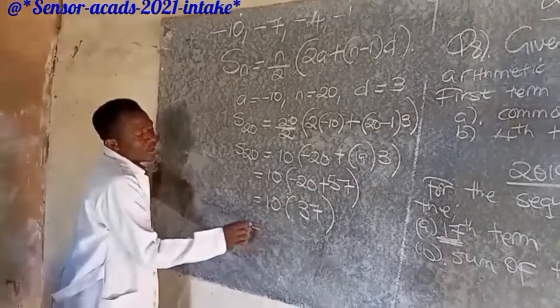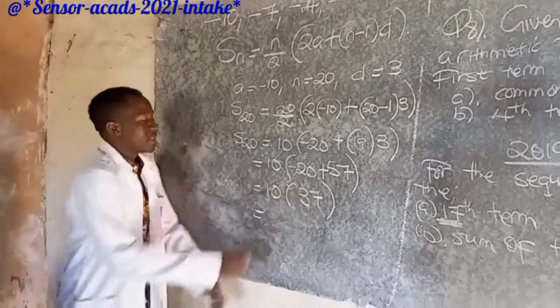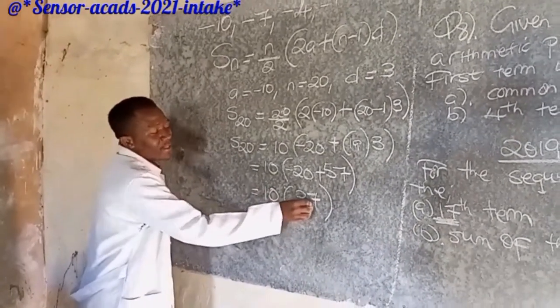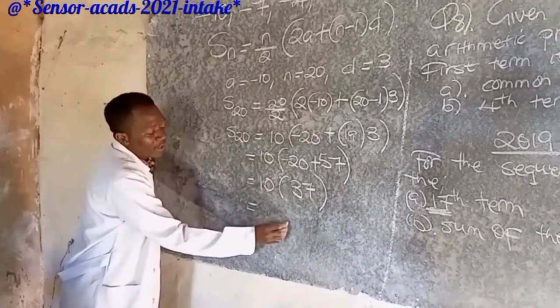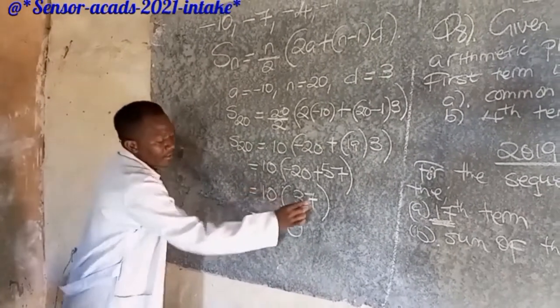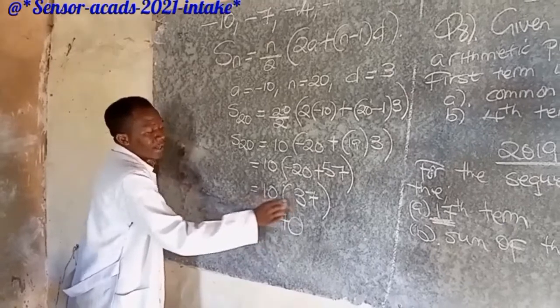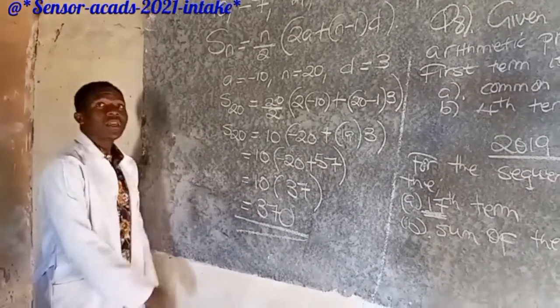Then at this moment, we are going to multiply or simplify what is in the brackets: 10 multiplied by 37. So long as this is paper 1, we can take advantage of the 0, where we can write it after another number. Then 1 times 7 is 7, 1 times 3 is 3. Having done that, this is the correct answer.